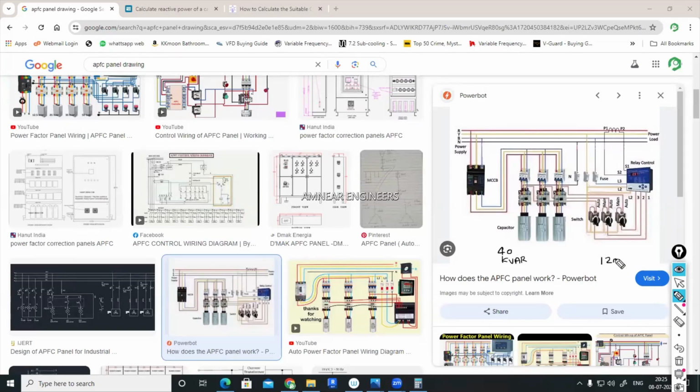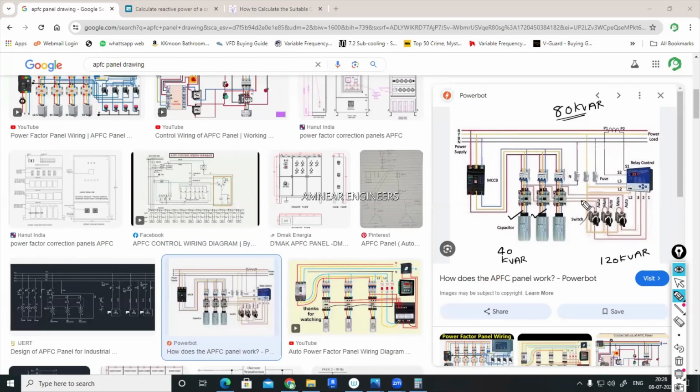Totally, it has 120 kVAR capacity. Currently, I need only 80 kVAR of reactive power in my system. The relay calculates this and operates only 2 capacitors, so that the resultant is 80 kVAR.